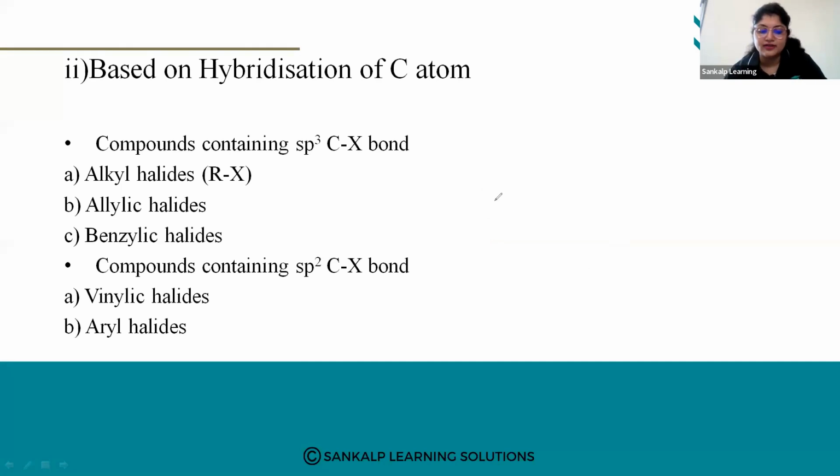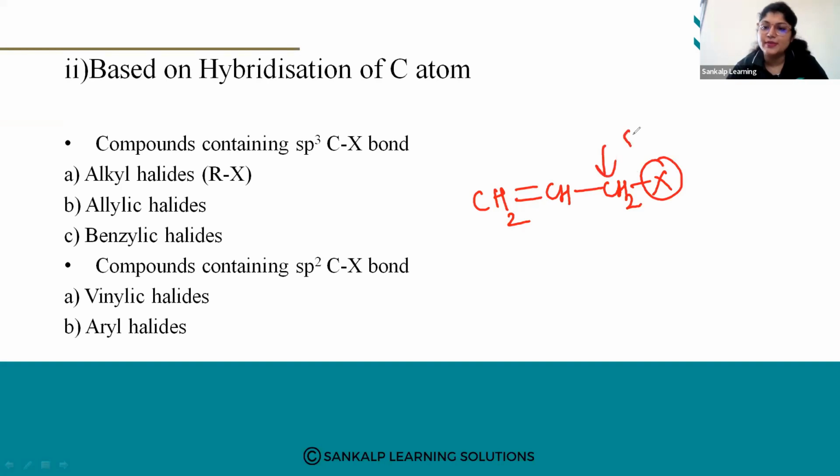If I write it, CH2=CH-CH2X. So the halogen atom is attached to an sp3 hybridized carbon which is next to a carbon-carbon double bond.